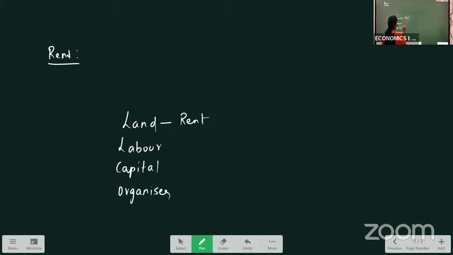Rent. If you use labor, what do they earn in return? Wages or salaries. If you take capital or money from someone else, what do you pay in return? Interest. Organizer, what does he get in return? Profit.